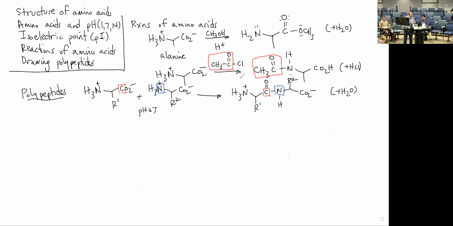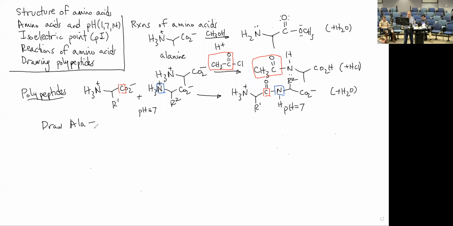So maybe since there's one already in the class notes, let me make up a different one. Let's draw, and this would also be at pH 7. Oh, what amino acids do I like today? Let's do alanine, since we already have it up there, followed by, we already did aspartic acid.